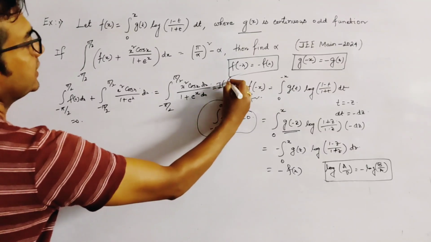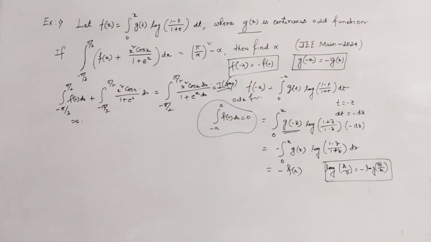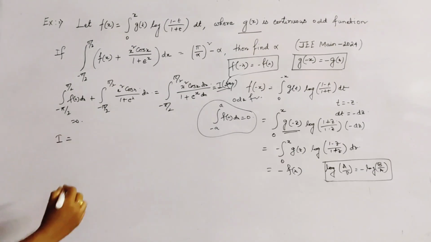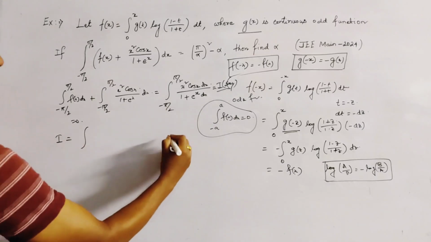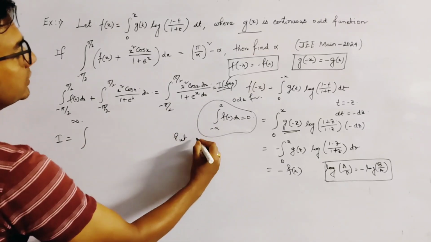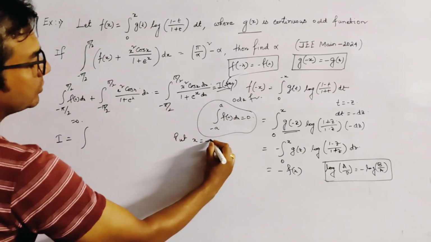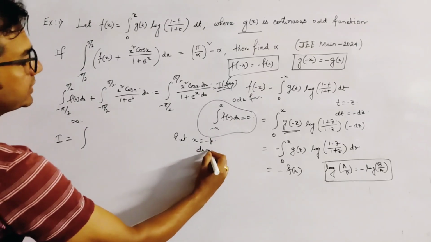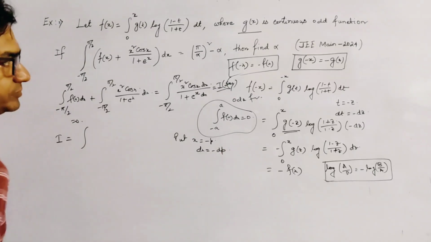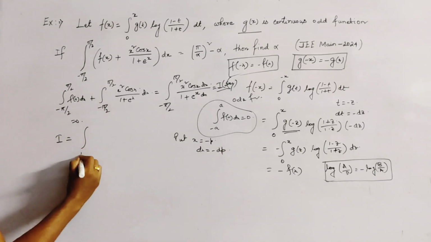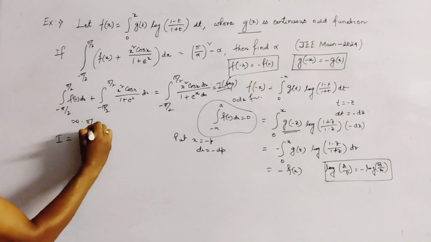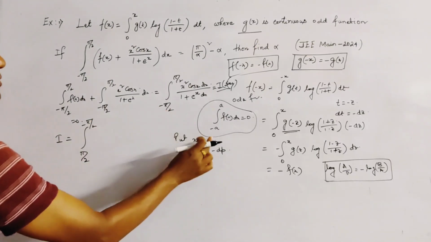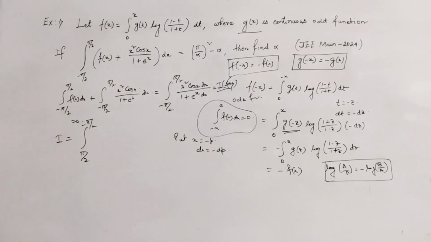We say this integration is I. Now this is I, and we put here x equal to minus p, and dx equal to minus dp, and the range becomes pi by 2 and minus pi by 2, because when x equals minus pi by 2, p equals pi by 2, and similarly for the upper range.